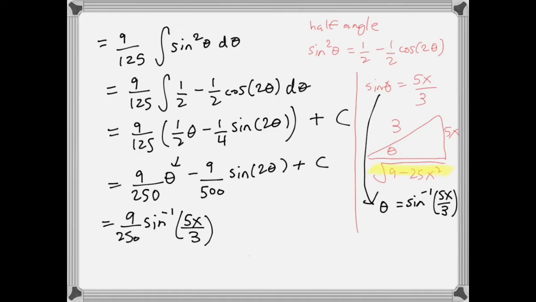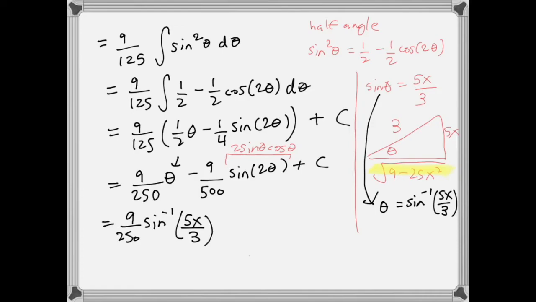What about this next part? How can we write sine of 2 theta there if our triangle has a theta? So for this, you need to use the double angle identity, because this is 2 sine theta cosine theta. This trig identity is one that I recommend you memorize just because the double angle for sine shows up all the time. So sine of 2 theta is 2 sine theta cosine theta.